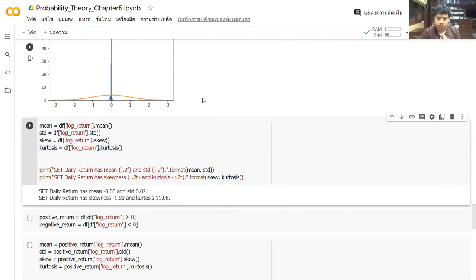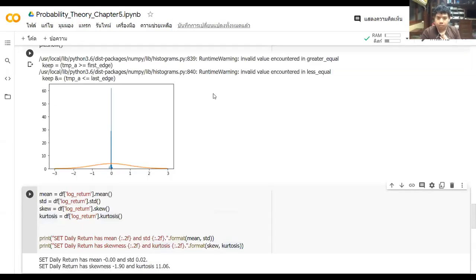Let me scroll this back. So even though the curve looks like it's very tight, you could expect that maybe the kurtosis is less than 3, I guess, but the kurtosis here is very high. Why?